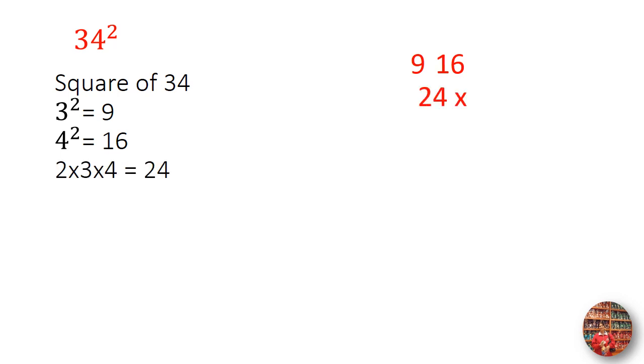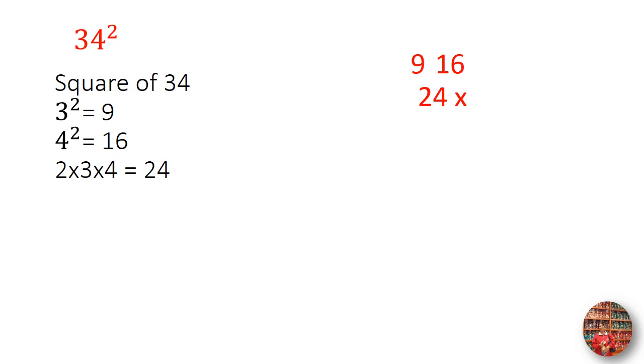Let us take another number. Now you can find it yourself faster than me. Now I am going from left. 3 square is 9. 4 square is 16. So I'll write 16 right of 9. Next I'll multiply 3 and 4 and 2, that is 24.